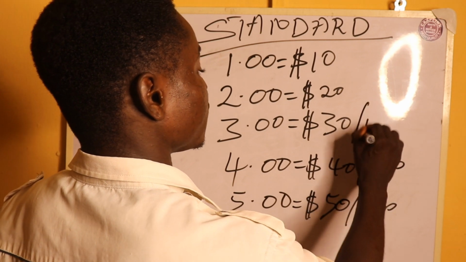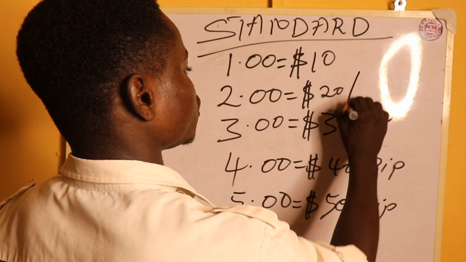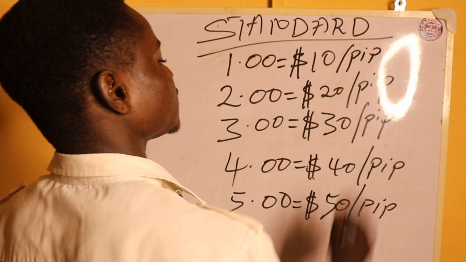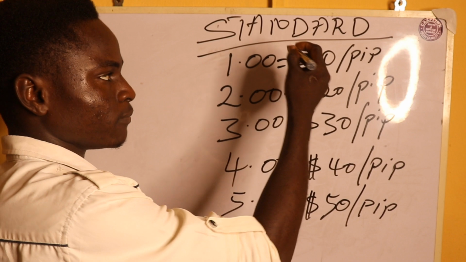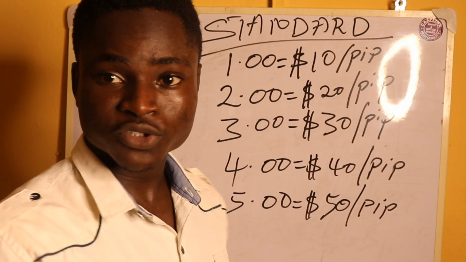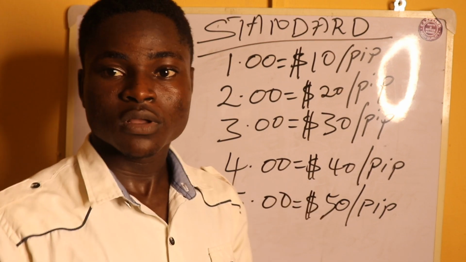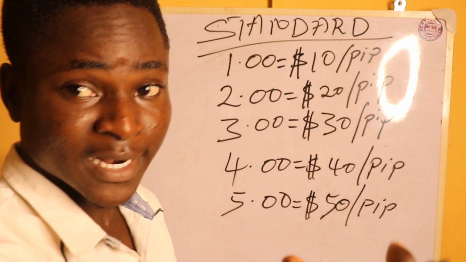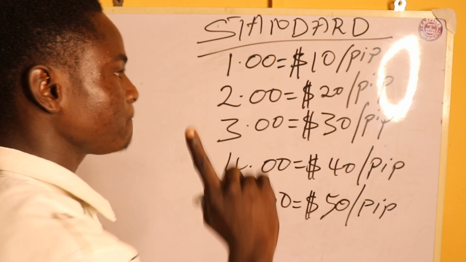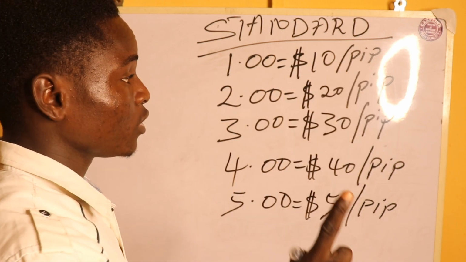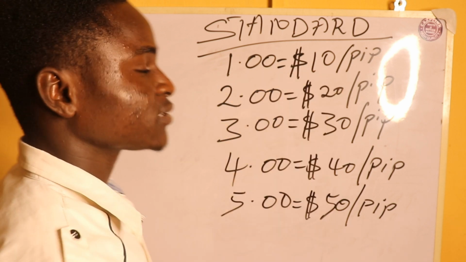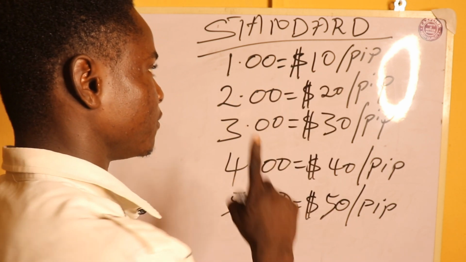So bear in mind that each move that the market makes, you'll be either making $10 or losing $10. It depends on if the market moves in your favor or against you, right? So as you can see right here, for each one pip that you'll be making or losing in forex, you'll be making $10 for that particular move that the market makes.